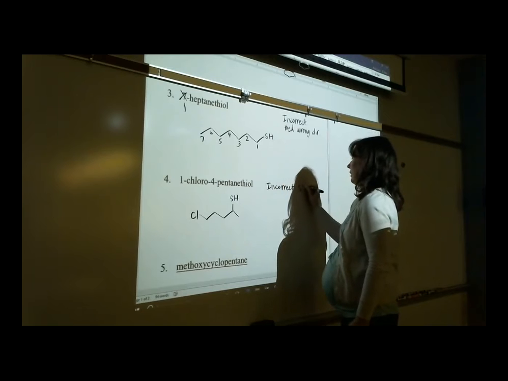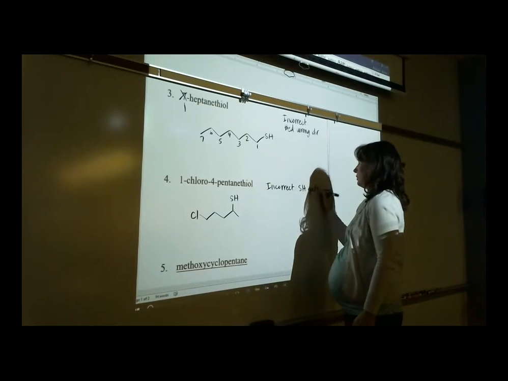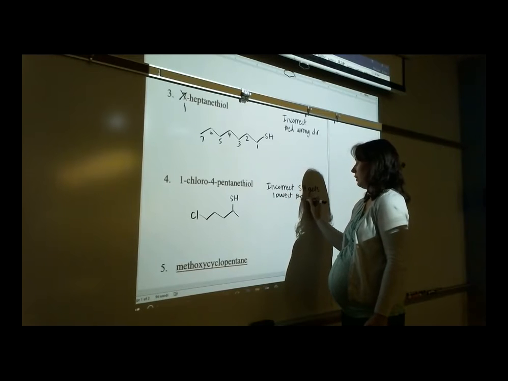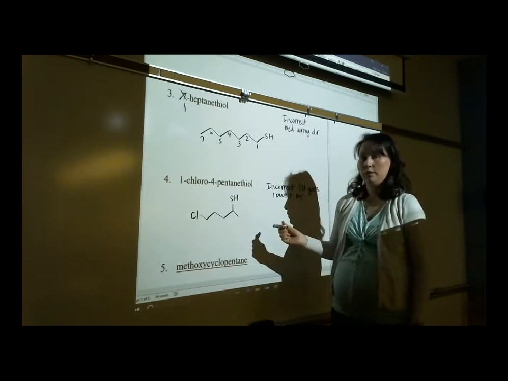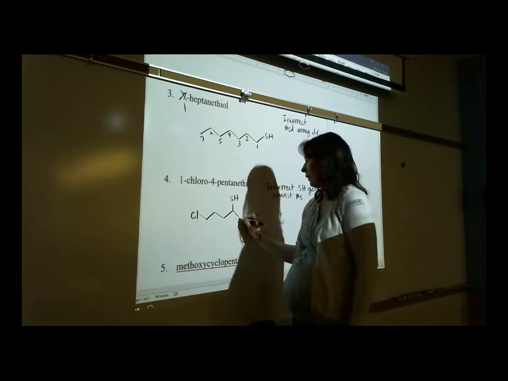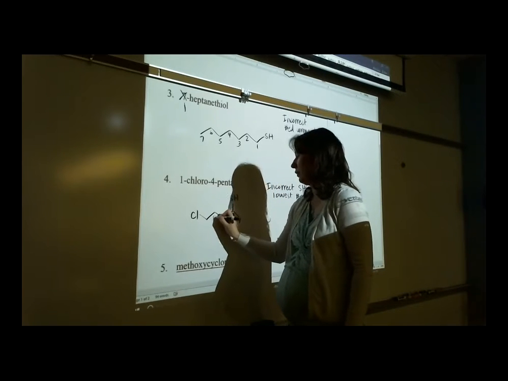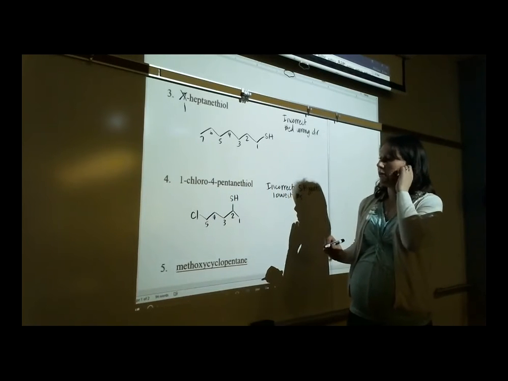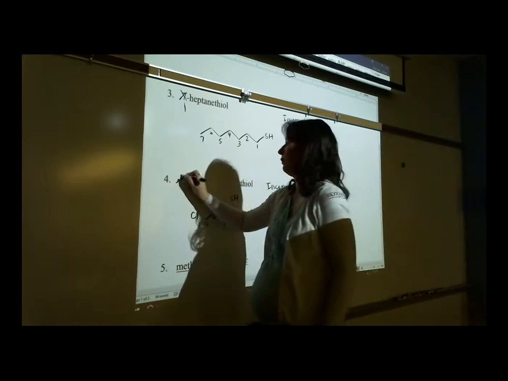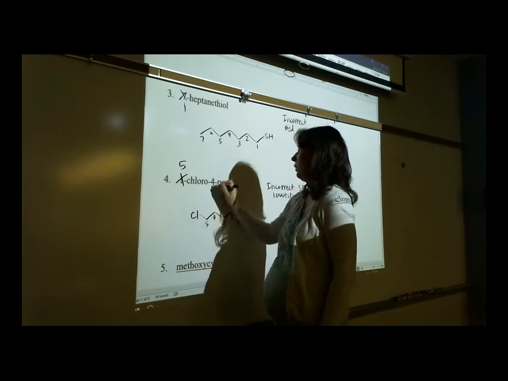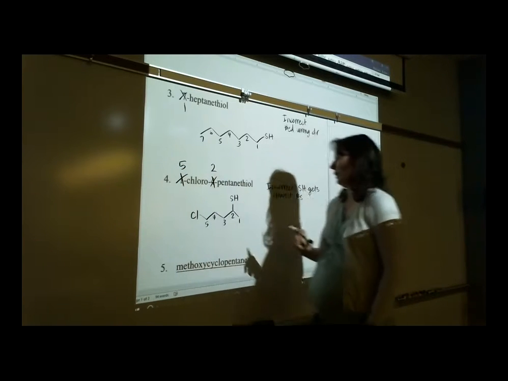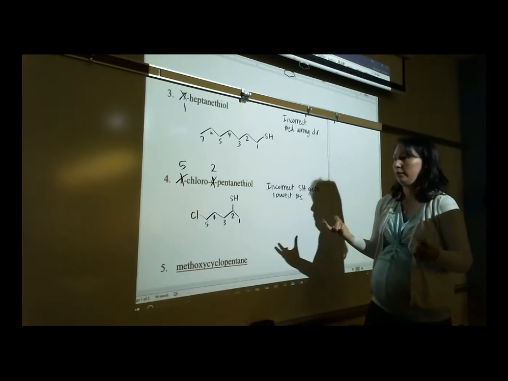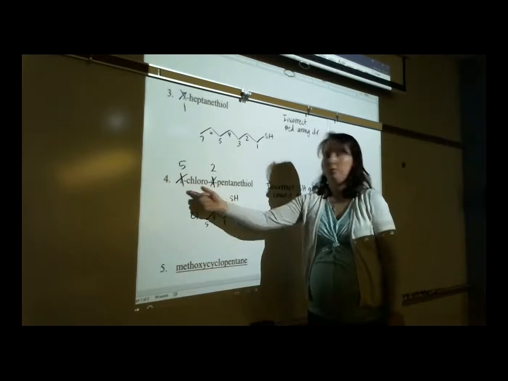SH gets lowest numbers. So we should number from the right. 1, 2, 3, 4, 5. So this should be what? 5 chloro, 2 pentane thiol. So the words are put together correctly, but it's just the numbers that are wrong.